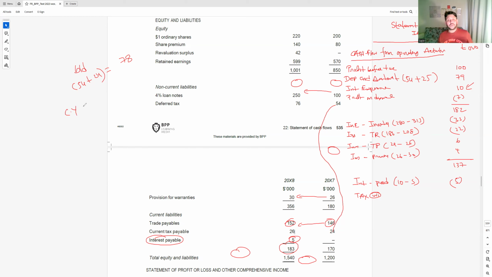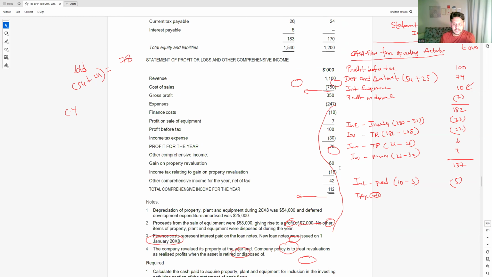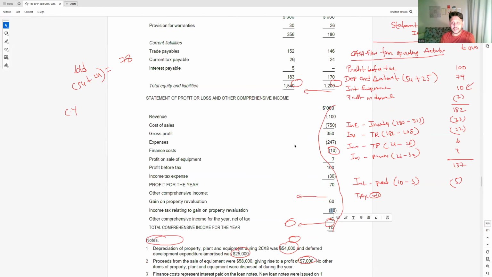Remember that for the realized and for the unrealized. That means for the income tax plus the other comprehensive income as well. So if you go back to our profit and loss account, so you have income tax expense 30, and for the revaluation we have income tax 18. So this is for the both for the current year. 30 plus 18, we have to take both, remember that.